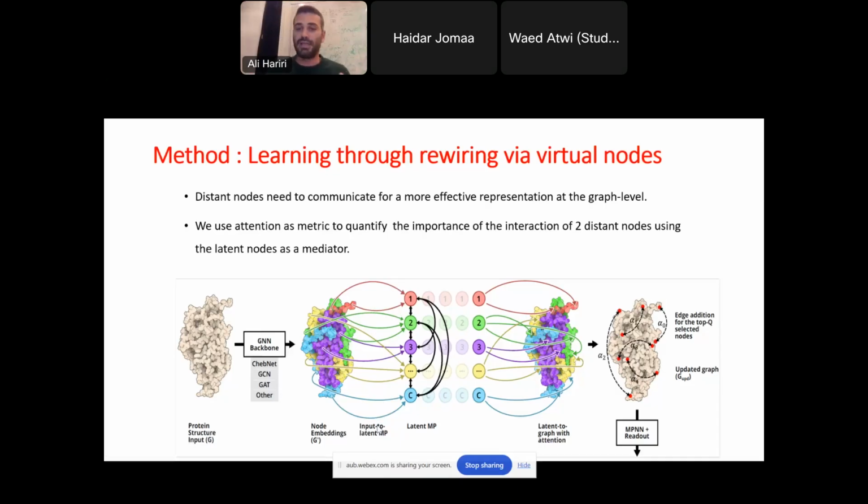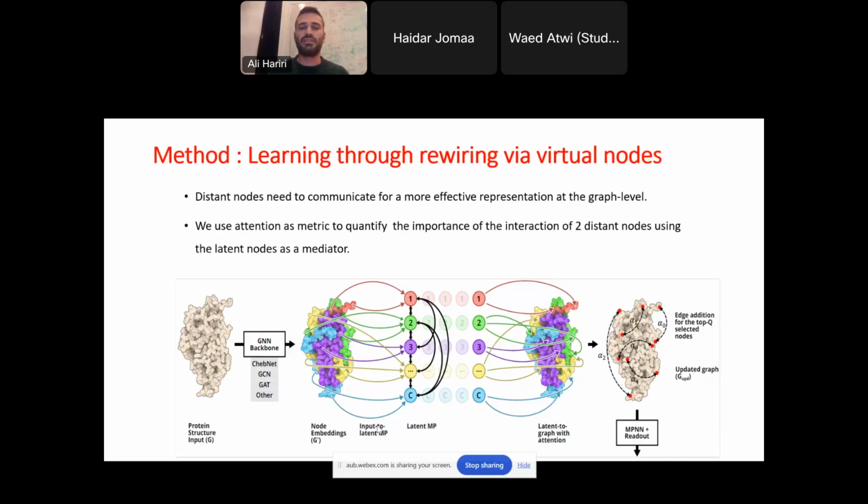So my assumption is that the top contributors from the protein to the virtual nodes, with the top 20% of attention scores, are the ones contributing more to the function of the protein. And therefore, these distant nodes that contributed high attention scores should be connected to each other, and I will add a few edges between them.